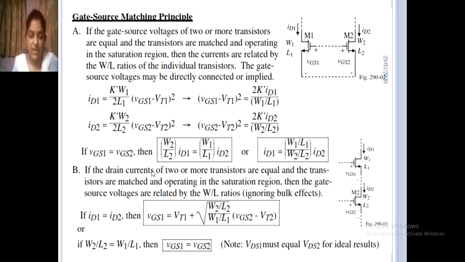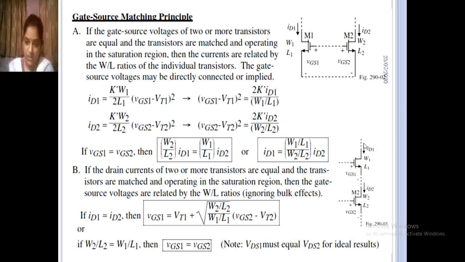The second thing is, if the drain currents of two or more transistors are equal and the transistors are matched and operating in the saturation region, then in the earlier case we matched the two voltages, and in this case we are going to match the two currents. The gate source voltages are then related by the width by length ratio, ignoring the bulk effect.